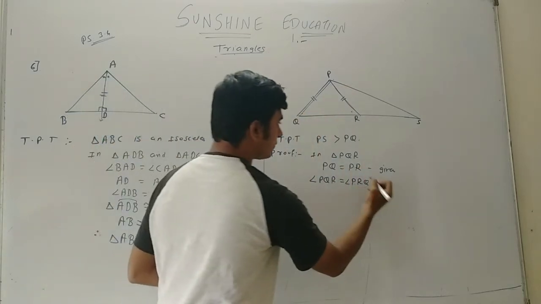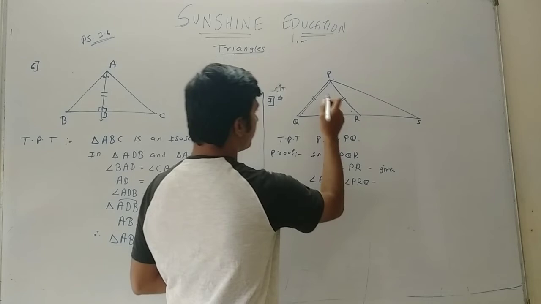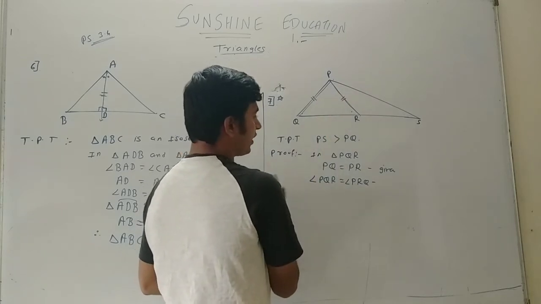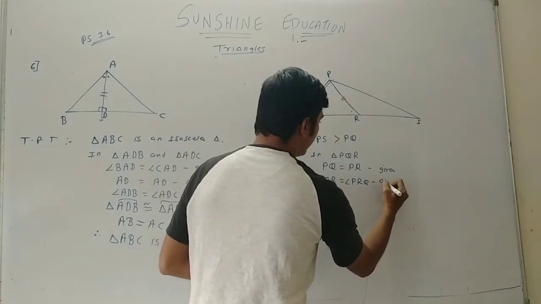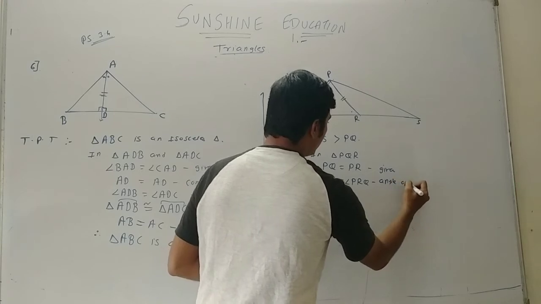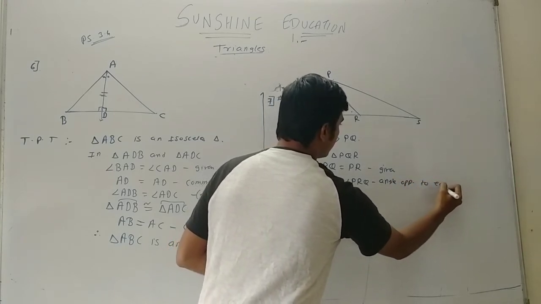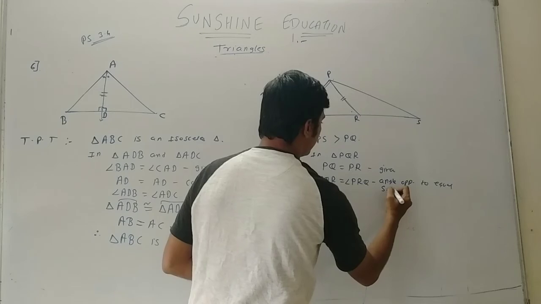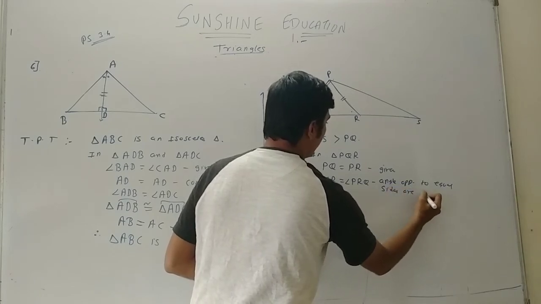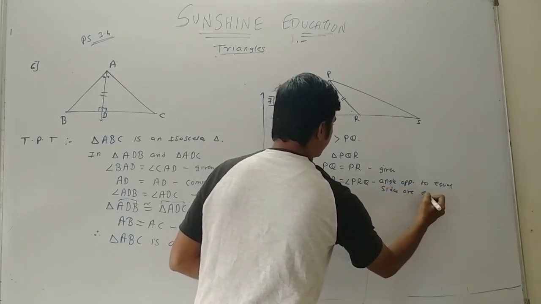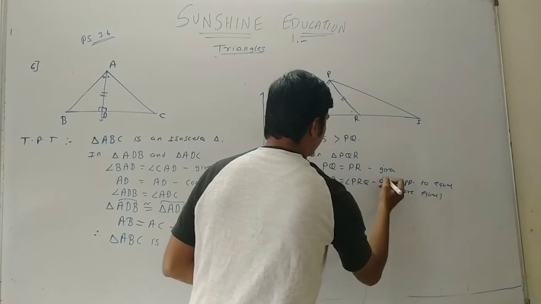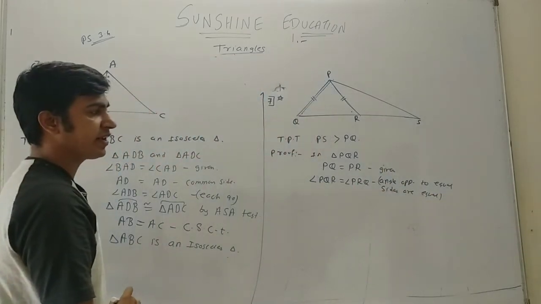So PQR is equal to PRQ. Angles opposite to equal sides are equal.